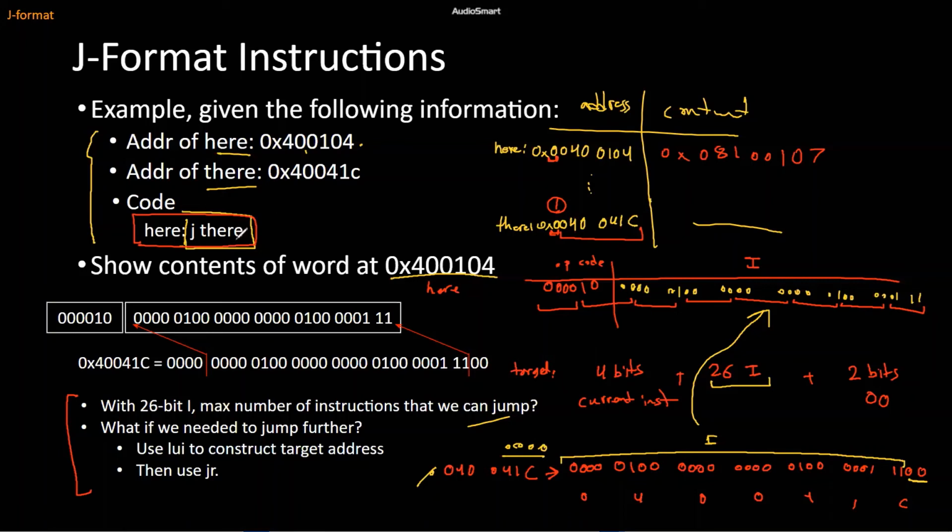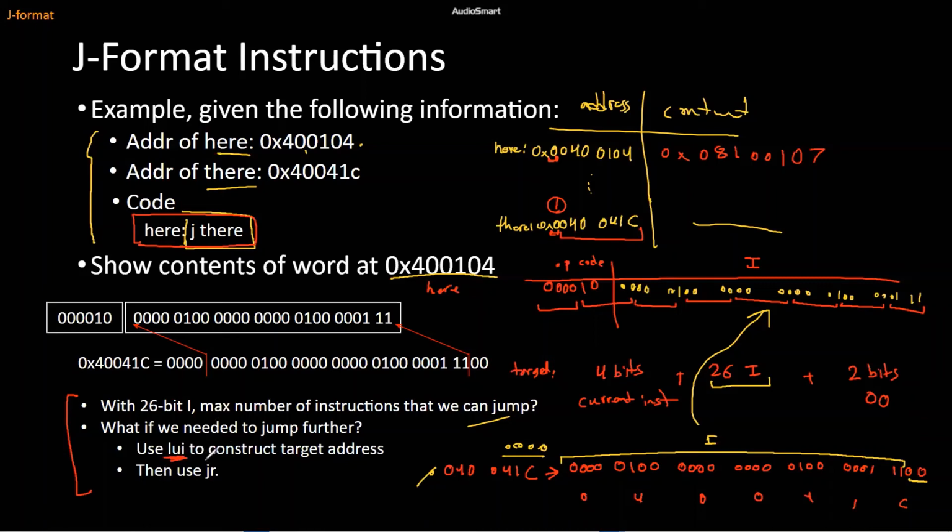So what you have to do instead, if you have to jump that far, is use the same thing I've shown in the previous chapter when we were constructing a 32-bit number. You build this using load upper immediate.